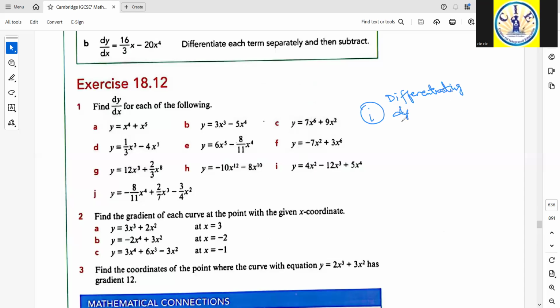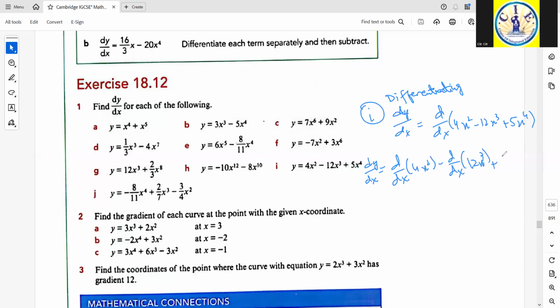I would be getting dy by dx on the left side of the equation, and then d by dx of 4x squared minus 12x cubed plus 5x raised to the power 4. Now I need to differentiate each term separately. d by dx of 4x squared minus d by dx of 12x cubed plus d by dx of 5x raised to the power 4.